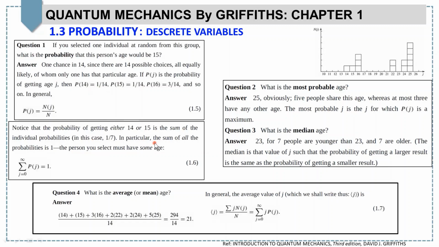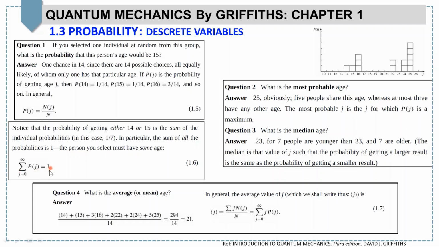Now in particular, the sum of all the probabilities is 1. So in general form, we can write the summation from j equals 0 up to infinity of P(j) equals 1. This means whenever you select one person out of the 14, the person you select must have some age.